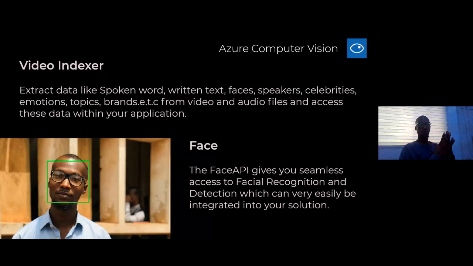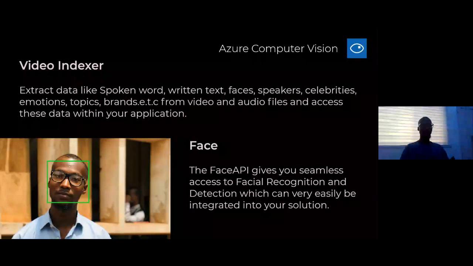Facial recognition is provided by the Azure Computer Vision Face API, which you can use for all your facial recognition and detection. I understand some people may be a little bit confused on the difference between facial recognition and facial detection. So I'm just going to clear that now.